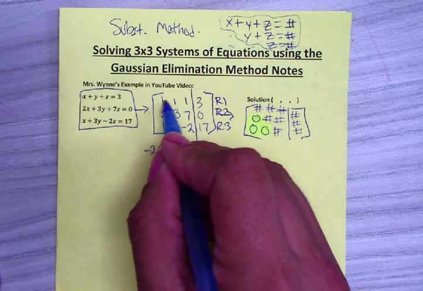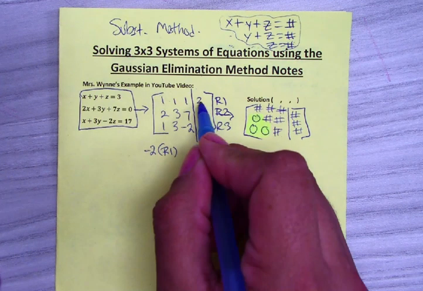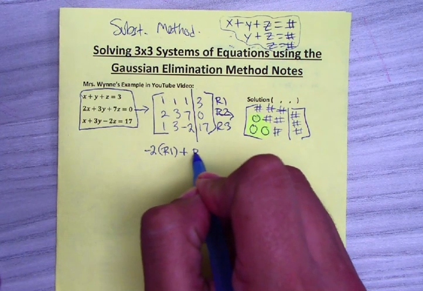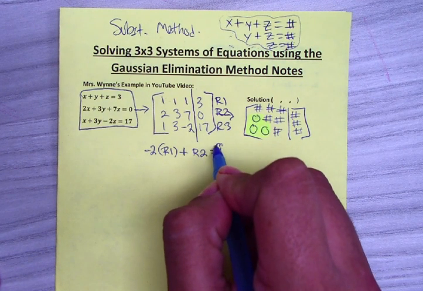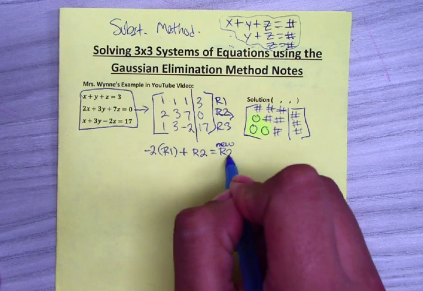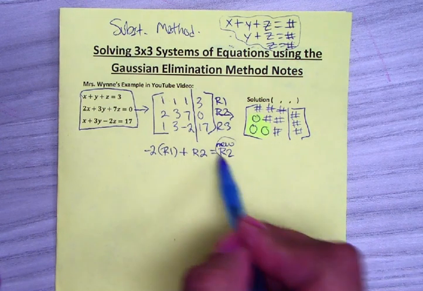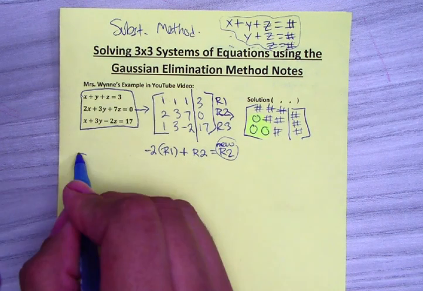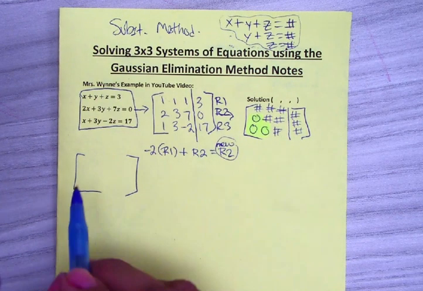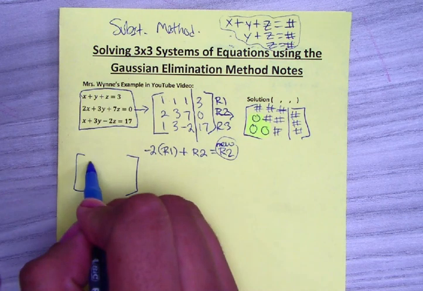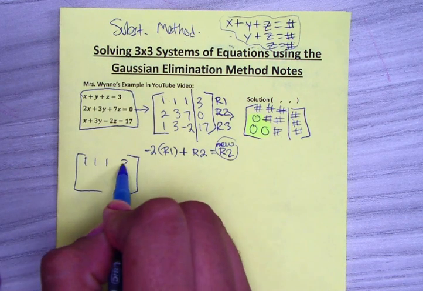And after we multiply the entire row times -2, we're going to add it to row 2. This will create a new row 2. Because we're creating a new row 2, we're going to rewrite the matrix that we have and only copy down row 1 and row 3 because we're not changing those rows.